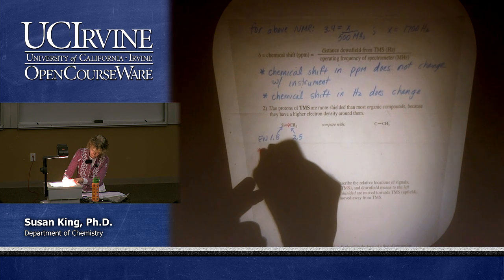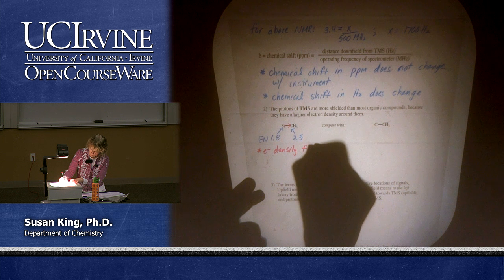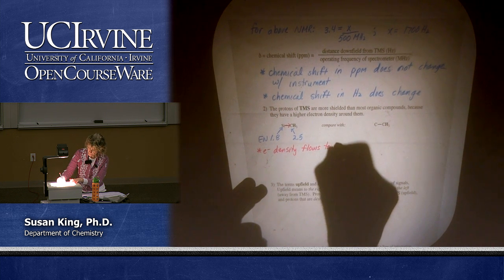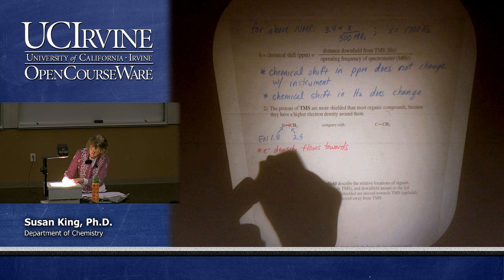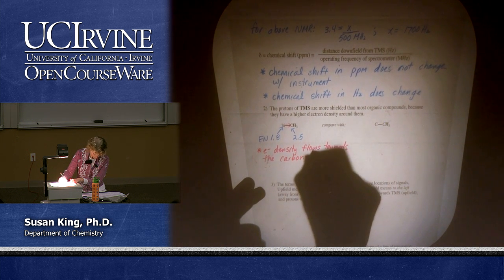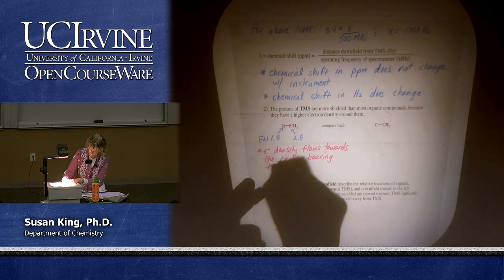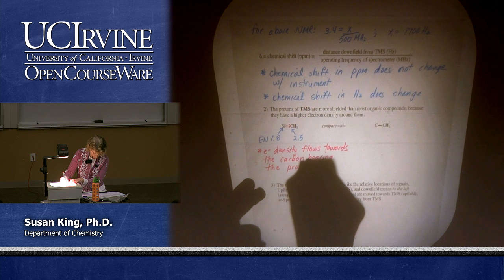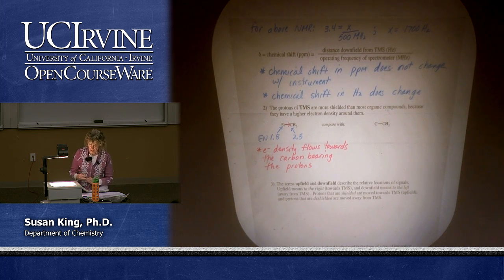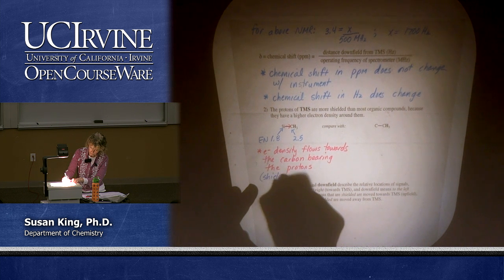Remember, we're looking at protons in a proton NMR. So electron density flows towards the carbon bearing the protons. And when protons have a lot of electron density around them, they're shielded from the magnetic field.